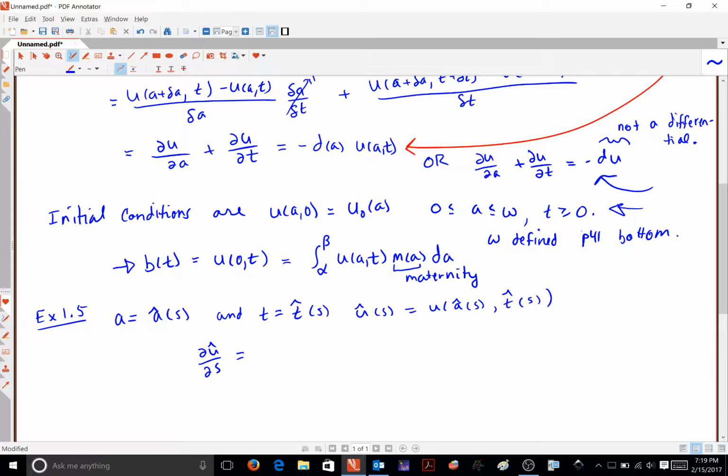du hat/ds then is going to be equal to du/dA, these are all del's, these are our partials, and then dA/ds, those are ordinary derivatives because A only depends on s. And then we have to take the partial of u with respect to t, so du/dt, and then dt hat/ds.